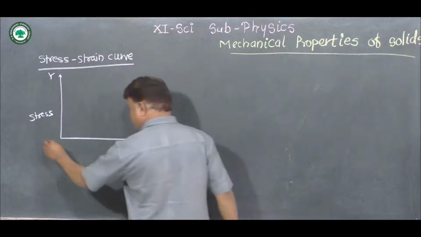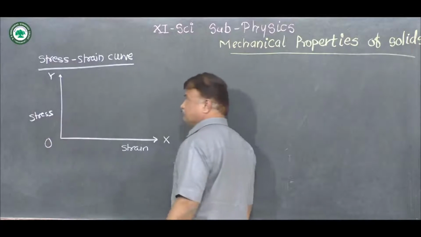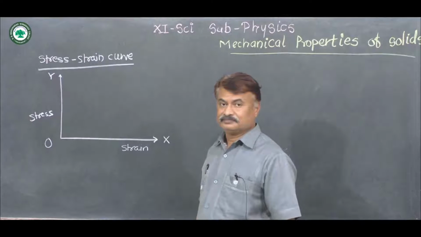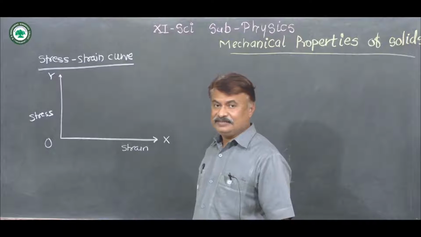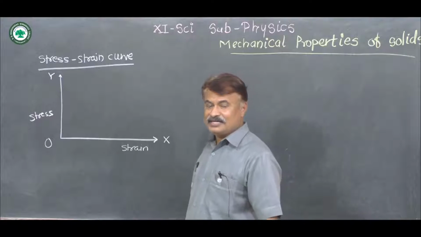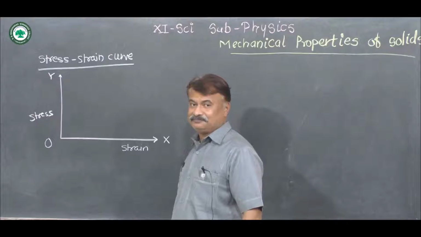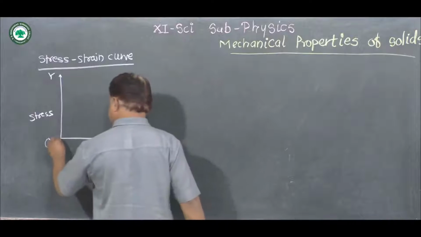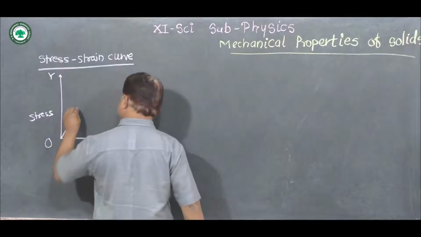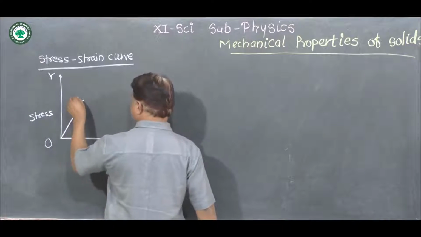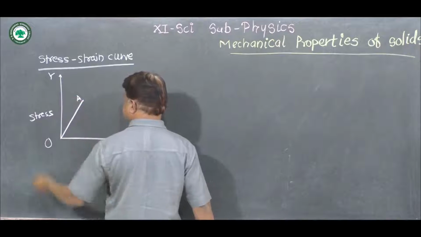O is the origin of graph. Initially, as we increase the load in step of 500 gram, the nature of graph is straight line passing through the origin up to point A.